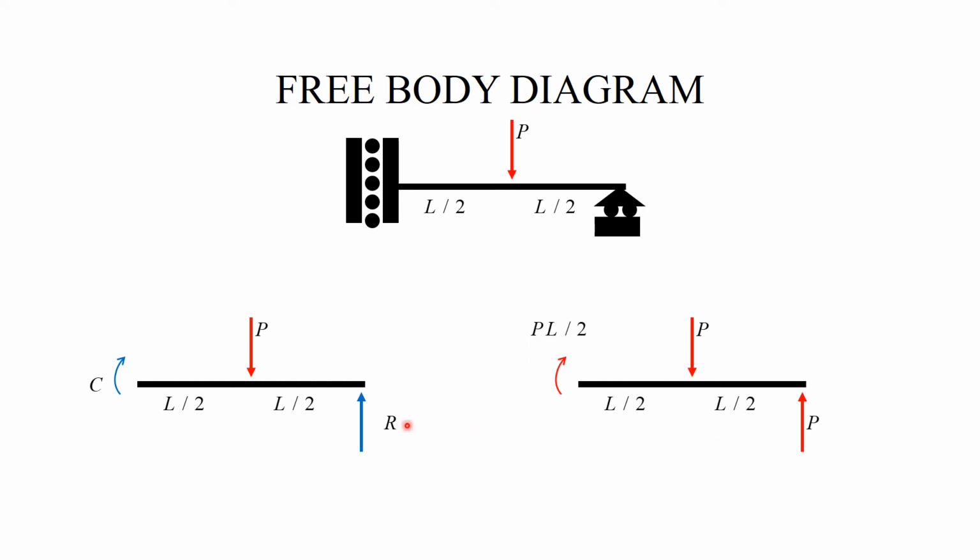Of course, R must be equal to P, that's the sum of the forces, and the couple produced by these two forces is counterclockwise. Its magnitude is P times L over 2. Therefore, this couple must be a clockwise couple, PL over 2.